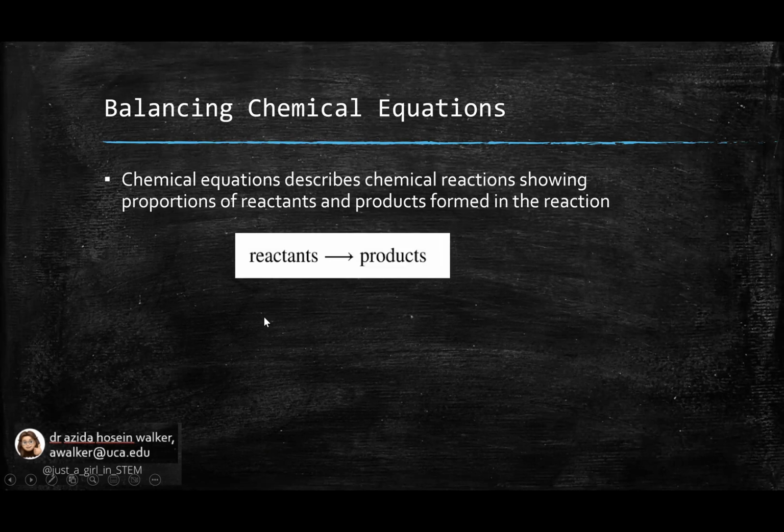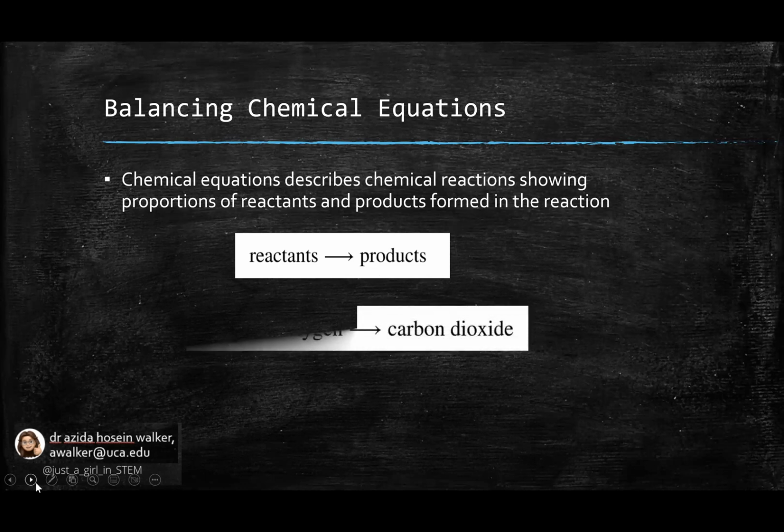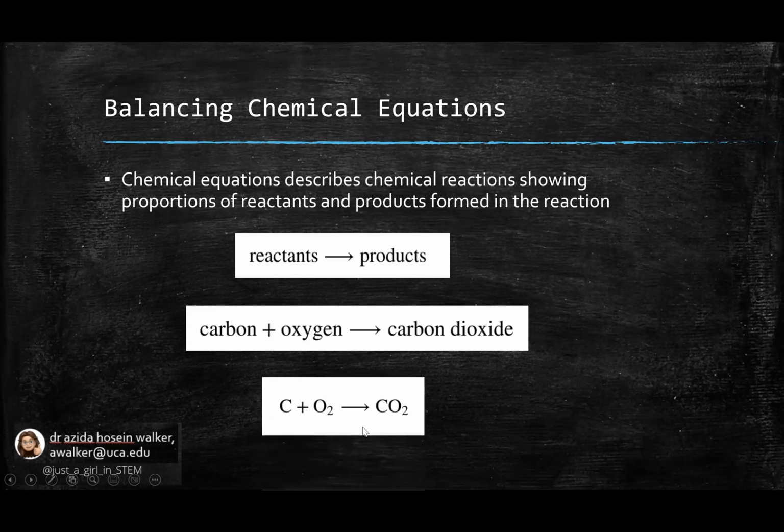So whenever we have a chemical reaction, we have the things that are coming together, the atoms, the elements, the bonding, whatever is happening, and that gives us the end result, and we call that the product. So carbon plus oxygen gives carbon dioxide. It's a chemical reaction written in word form, and we can have that written in equation form. So this is a chemical equation.